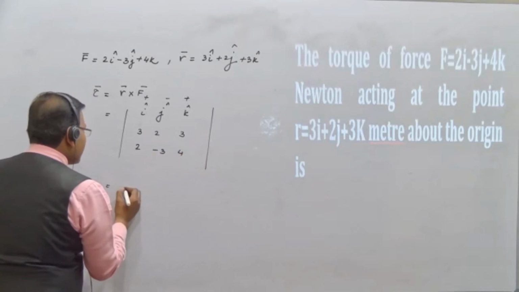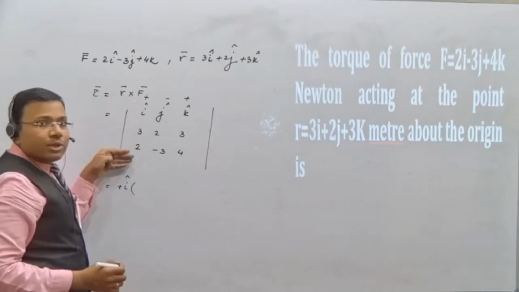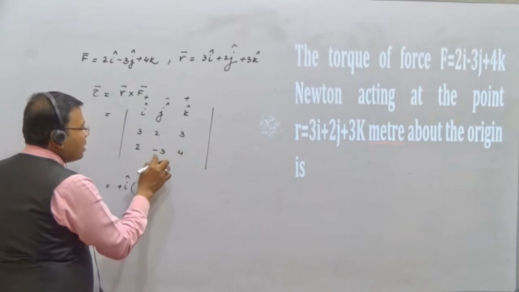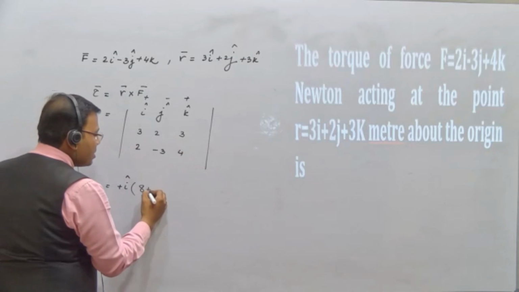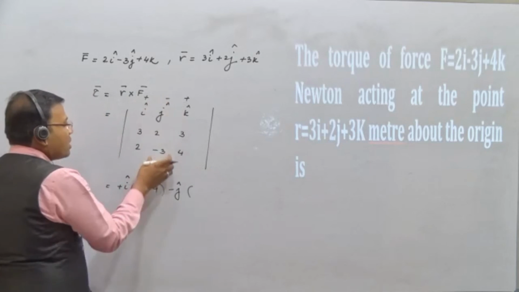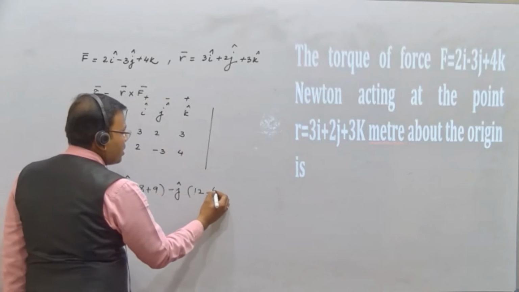Now the general process: plus i, you have to leave the column. The same process I am doing here: 8 minus 3 threes are 9, that is 8 minus 9, which is minus 1, hmm. Taking the determinant: 2 times 4 is 8, minus 3 times minus 3 is 9, giving 17. Then minus j, leaving this column: 12 minus 2 threes are 6, giving 6.